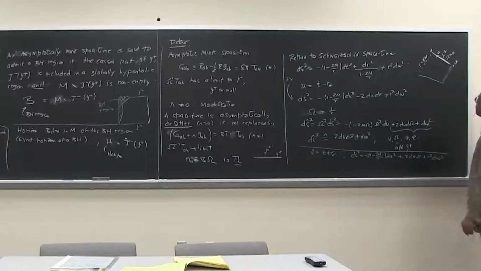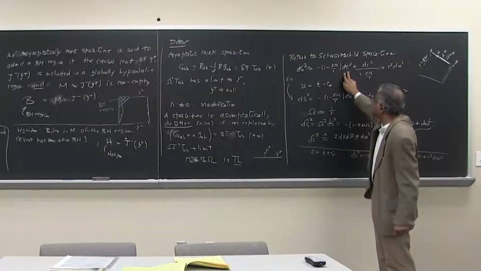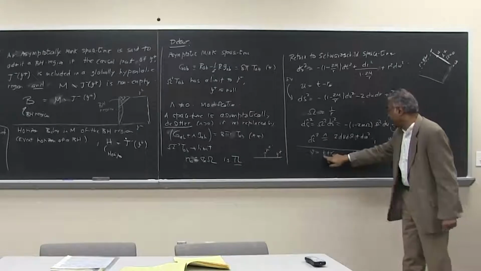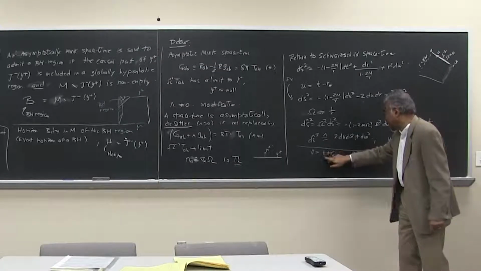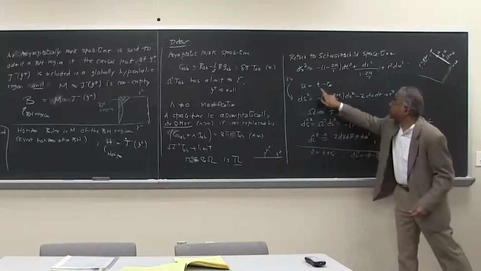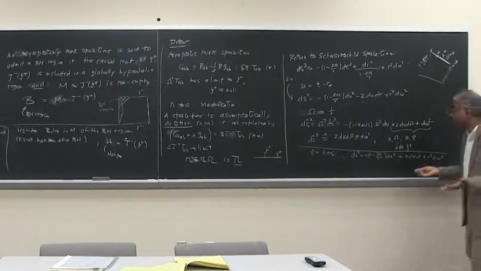That is just because u is equal to t minus r star. Substituting for dt, dt is going to be equal to dv minus dr star. Here it was plus dr star, now it's going to be minus dr star. That's why this sign changes up here, not very profound.